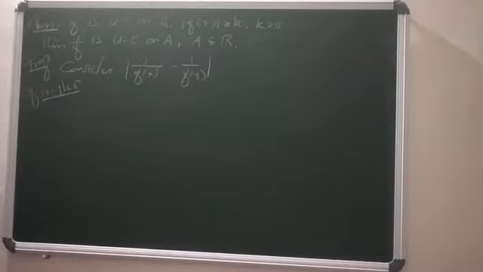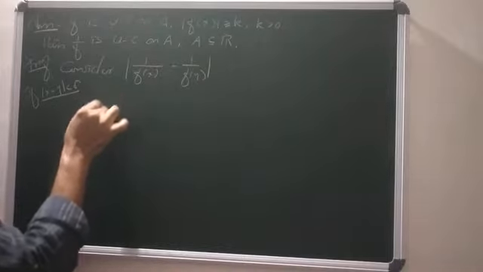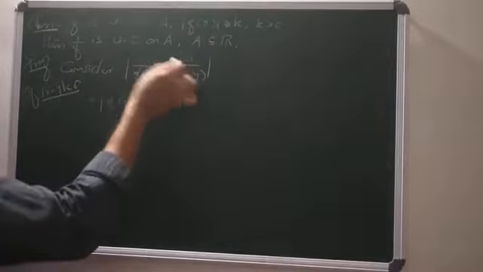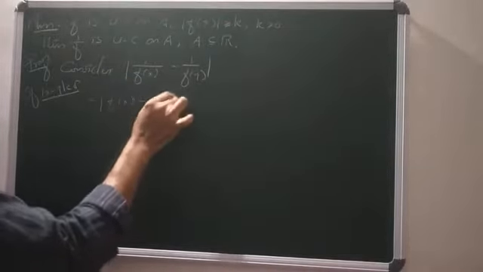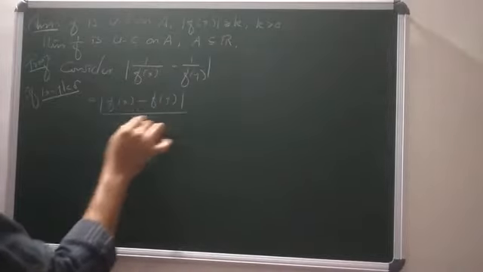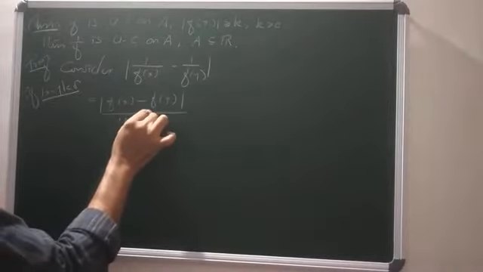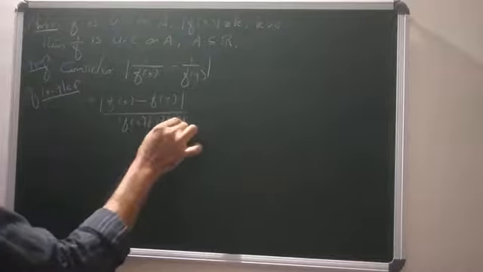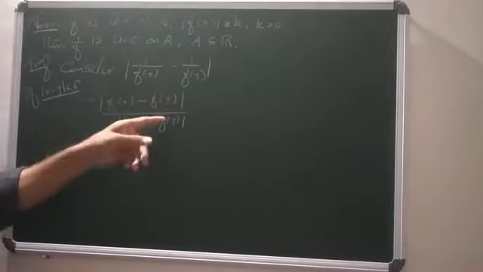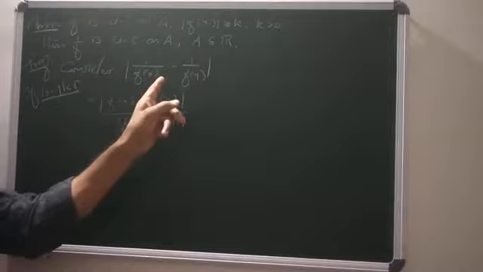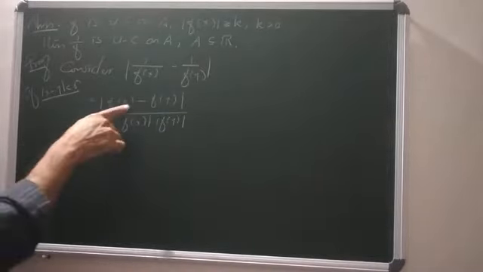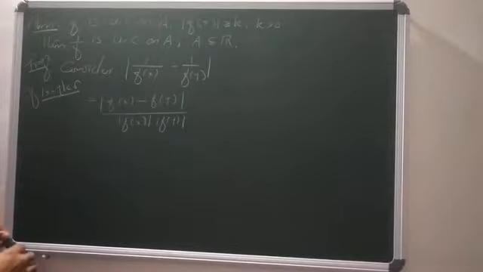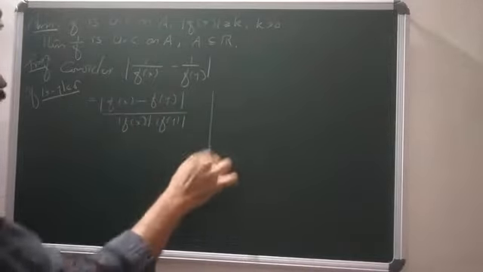Then modulus of 1 by f of x minus 1 by f of y equals modulus of f of y minus f of x divided by modulus of f of x into modulus of f of y. That is, modulus of f of x minus f of y by mod f of x into mod f of y. But what is f?